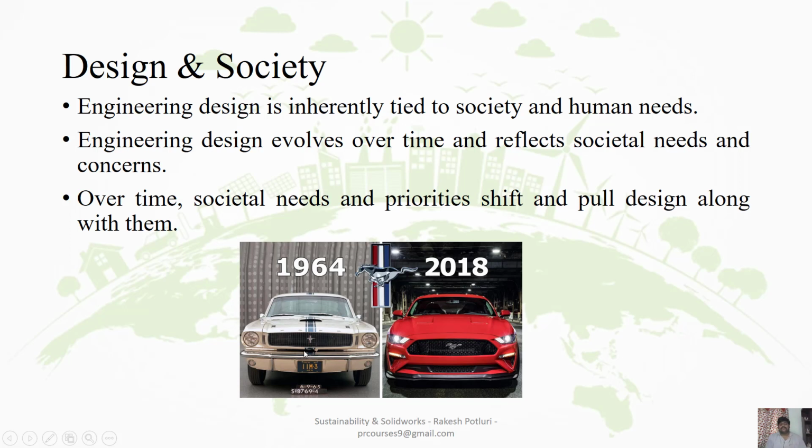Initially, the gear shifting system used to be manual, where you have a stick to change the gears manually. But in 2018, a lot of people prefer the auto gear system, where a system shifts the gears on behalf of the human driving the car. So over time the society has changed, the priorities have shifted, and that is why the design has also changed.